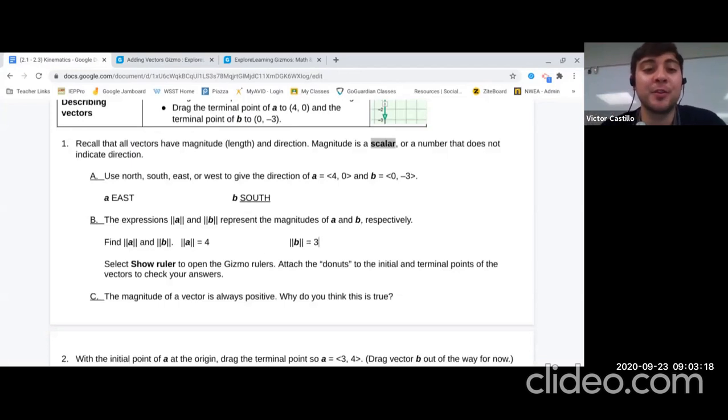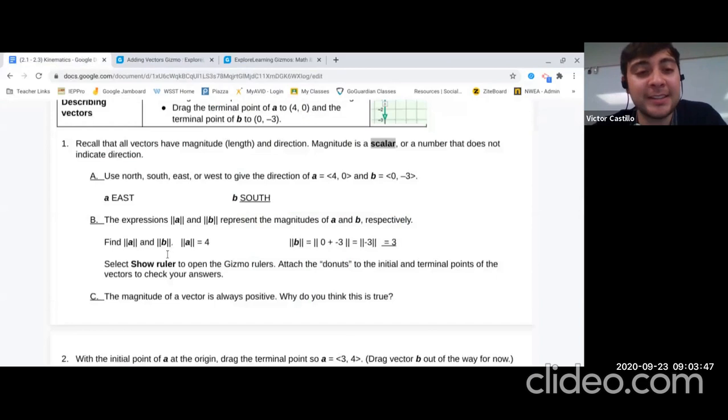So 0 plus 4 is 4. 0 plus -3 is -3, which equals just 3, because it gets rid of the minus sign. Okay, hopefully that helps you guys out.